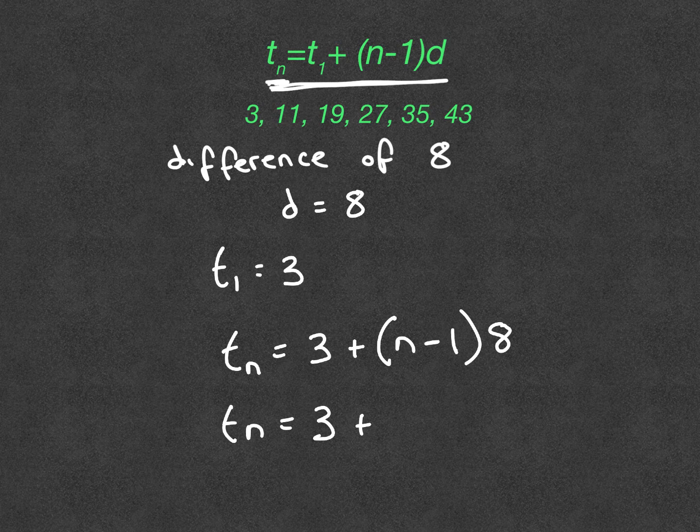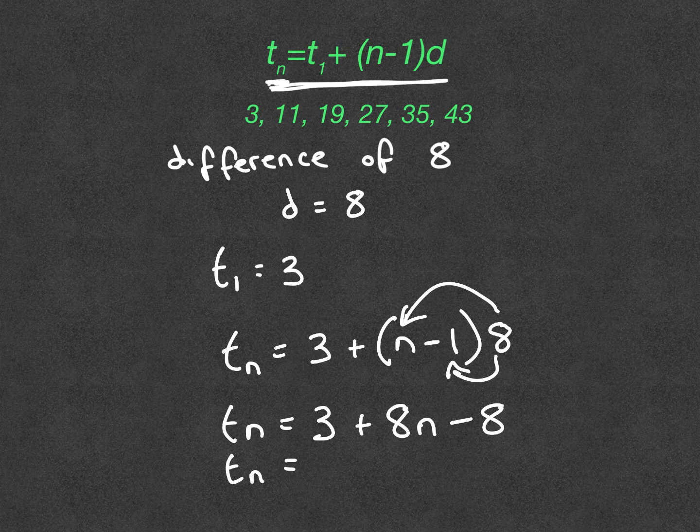So when we expand those brackets, we're going to have 8 multiplied by n, and 8 multiplied by -1. So the expansion is going to be 8n minus 8. We can simplify this further. Any term number in the sequence is going to be equal to, so 3 minus 8 is going to be -5. So our 8n is going to stay as it is.